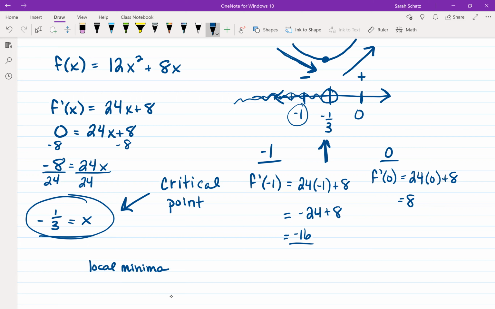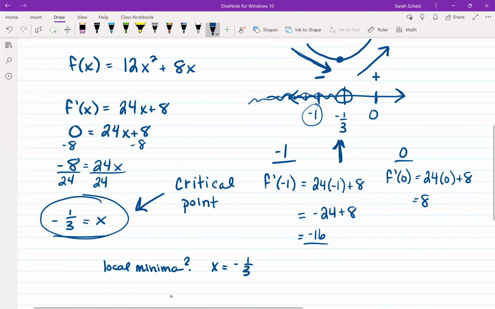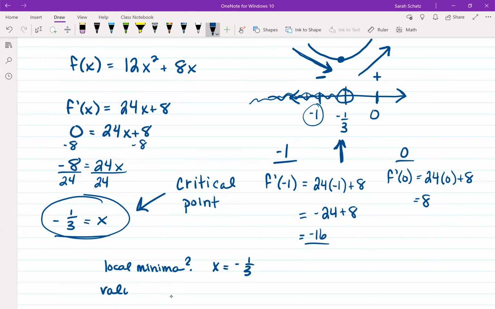So you say, as a matter of fact, there's one, and it occurs at x equals -1/3. It's always at a critical point. Your critical point is always going to be either a max or a min. Remember, you only give the y value if they ask for it.